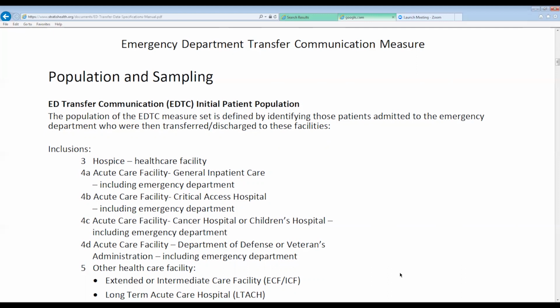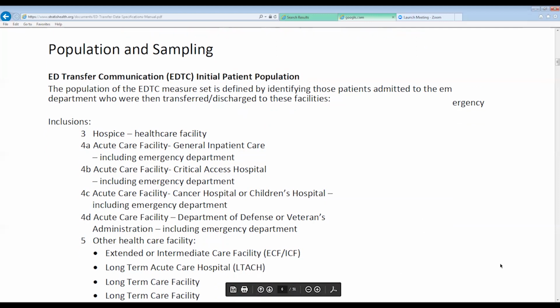So these are the measures. This is the big area right here where I think people have the most issues. It's the population and sampling. So when we use those terms, what we mean here, these are the records that you have to do. The population are the people that are seen in your ED and are transferred or discharged to these following facilities.